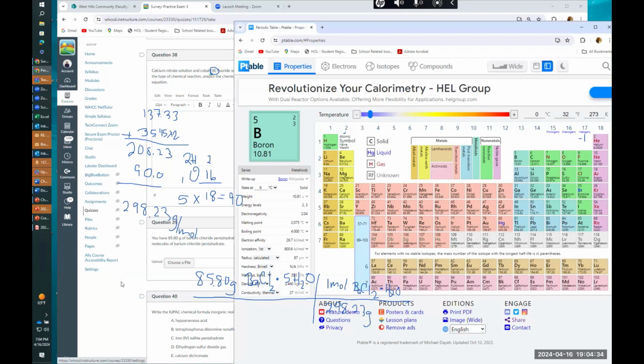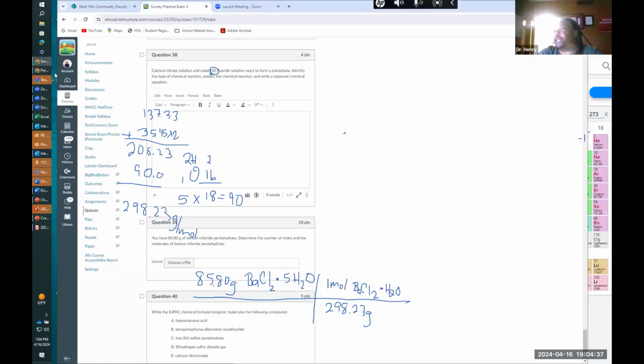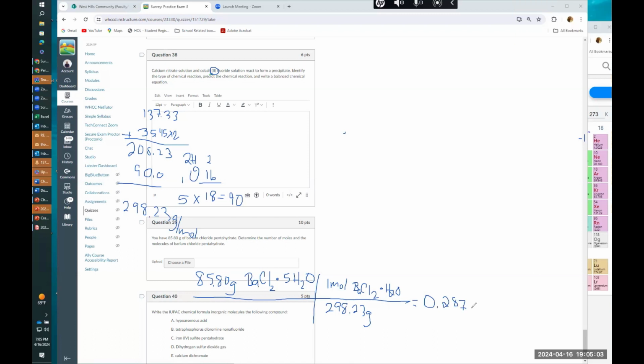So that's going to be equal to our number of moles. 85.80 divided by 298.23, I got 0.287. That's exactly what I got. Okay. And that's moles. So 0.2870 because of significant figures, 4 sig figs, right?